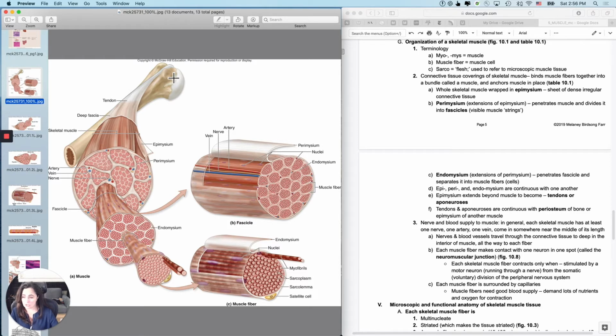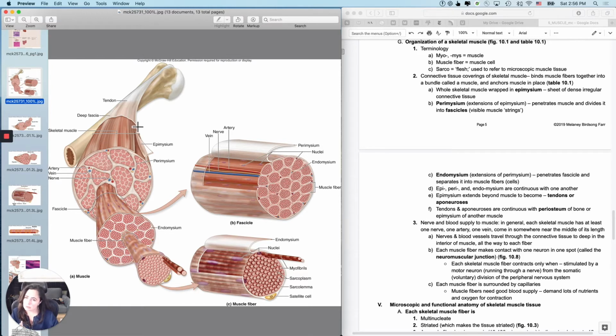So what kind of tissue is epimysium made of? Well, what kind of tissue would you use to wrap around the outside of something that's going to have a whole bunch of stress in a bunch of different directions? It is dense irregular connective tissue. So dense irregular connective tissue wraps around the whole outside of a muscle.